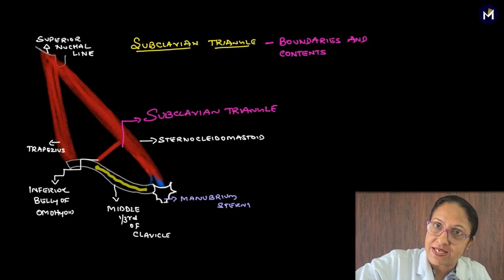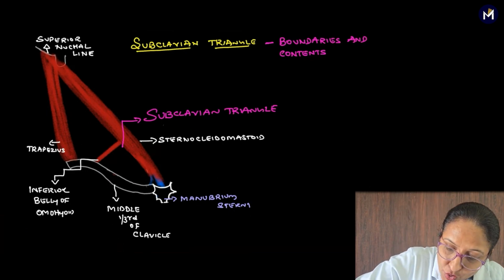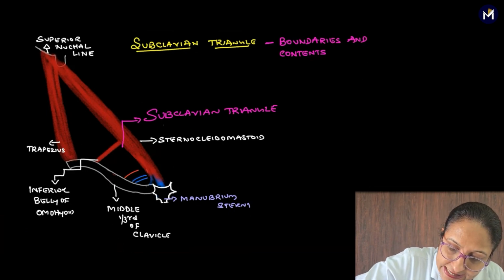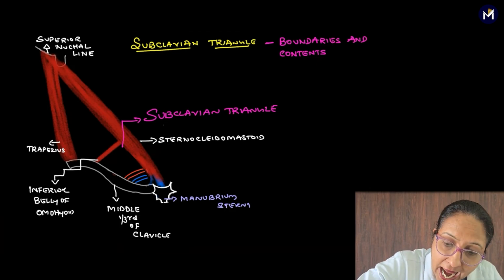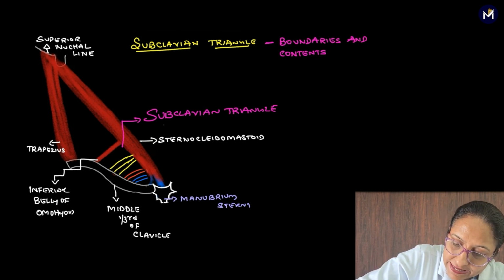So now coming to the contents, remember it in this way. This is the clavicle. Just beneath the clavicle, the vessels will be called subclavian. So first is the subclavian vein, then the subclavian artery, and then we have the three trunks of brachial plexus. So label the contents.